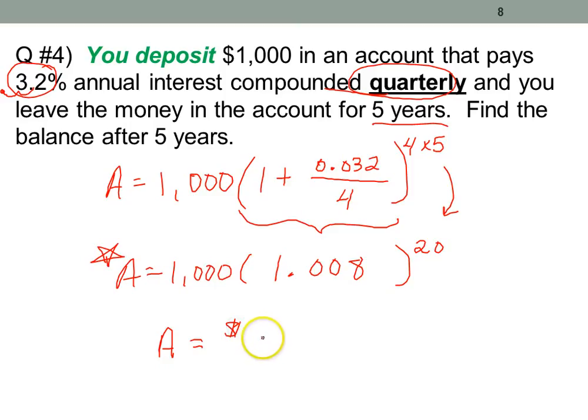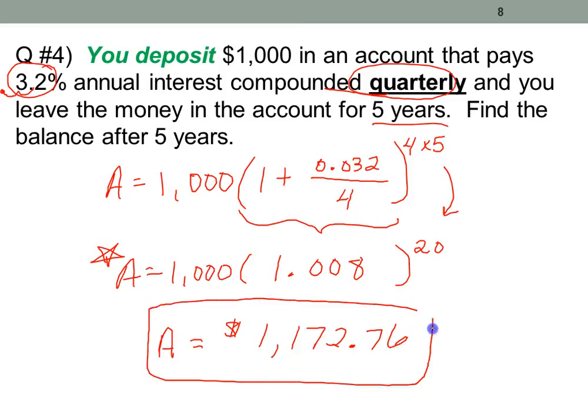After 5 years, our $1,000 is now $1,172.76. So we gained a little bit. If I were to ask you how much we gained, how much would you say? We put 1,000 in. So if I ask you how much we gained, $172.76. So a little bit, not a lot, but we gained some interest with that money.